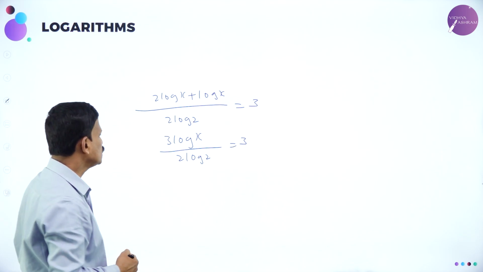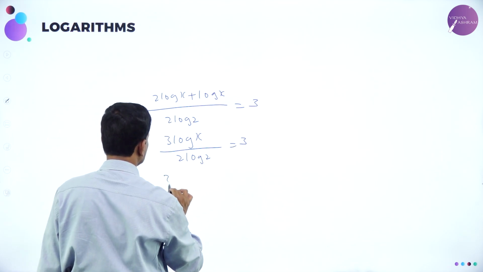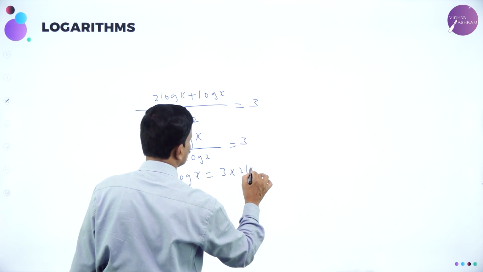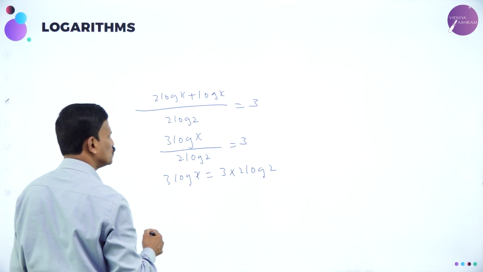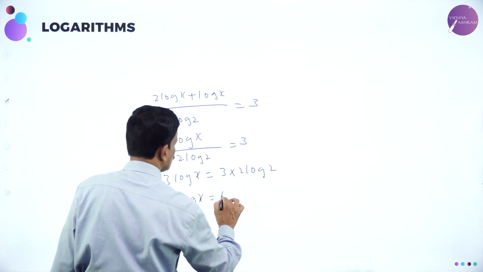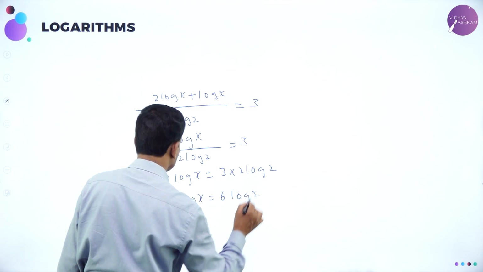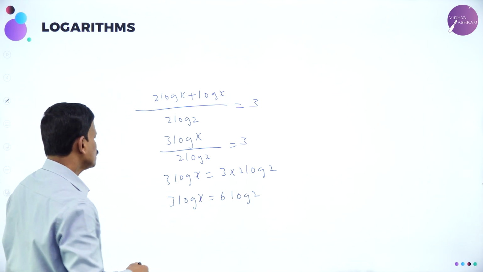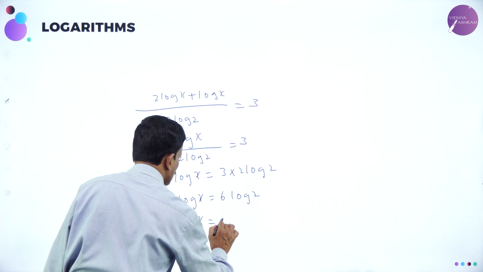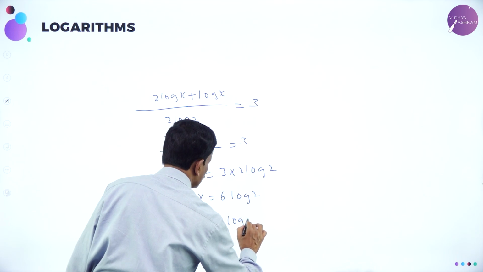Now this can also be written as 3 log x is equal to 3 into 2 log 2. So 3 log x is equal to 6 log 2. Right. If you divide by 3, log x is equal to 2 log 2.